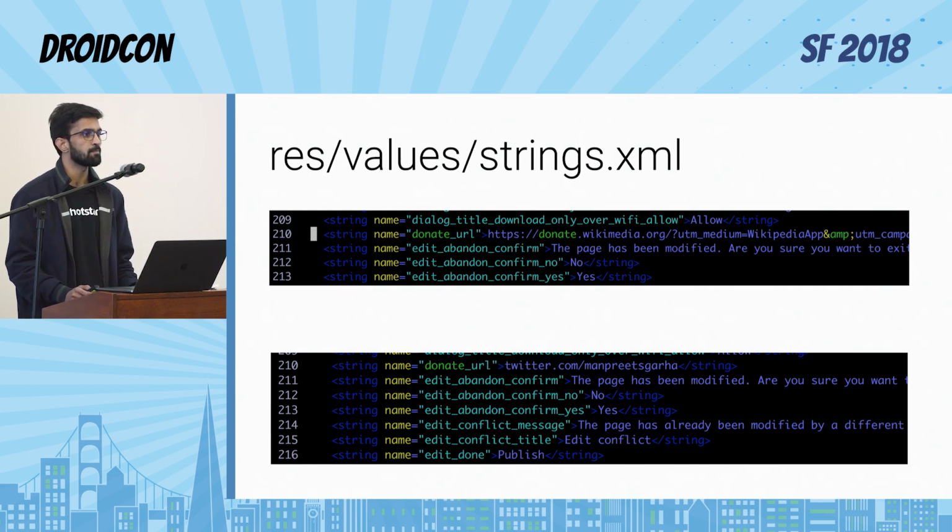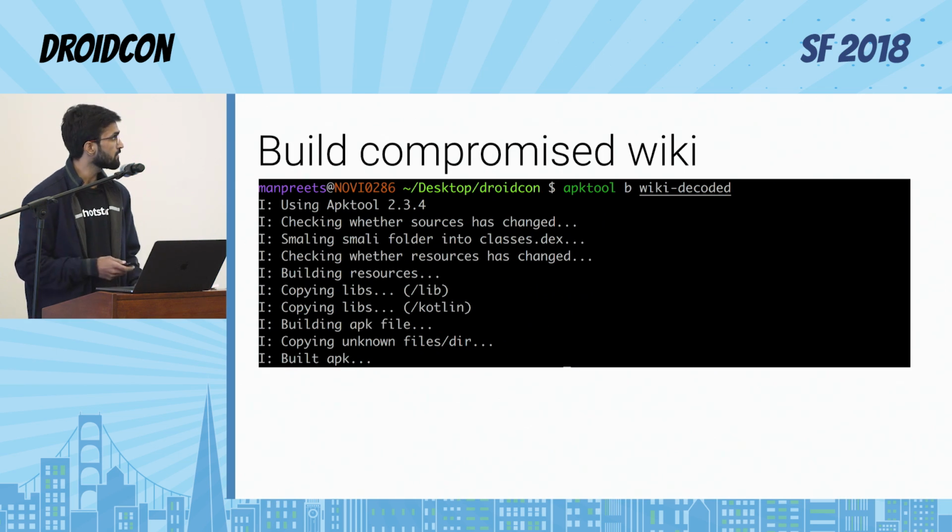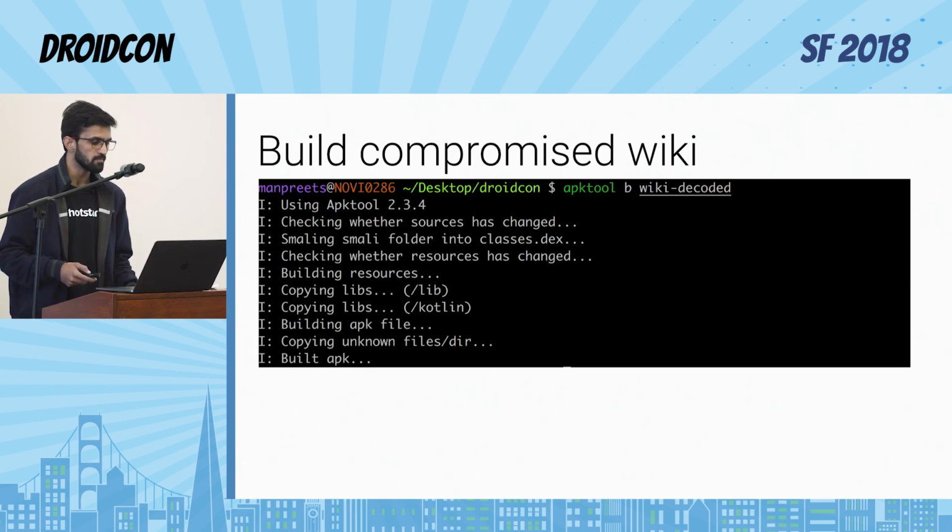Now we can build Wikipedia's APK with these changes in it. And again, it is very easy because we have an awesome tool with us, that is APKTool. It will build the wiki decoded folder, and we can see that it's actually building the resources again. We made the change in the res folder of the wiki decoded folder.